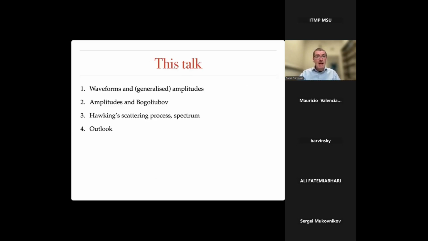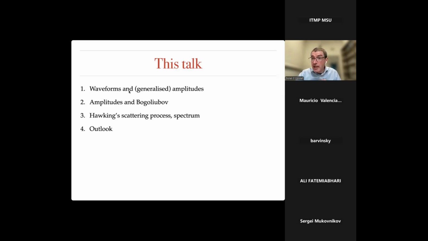Okay, so that's my motivation. What I then want to explain in the rest of the talk is, in the first part, I'll discuss more about this classical situation, the classical waveform, and their connection to amplitudes, really these slightly generalized amplitudes. So I'll put a little bit more meat on the bones of these formulae I was describing for the waveform in terms of amplitudes.